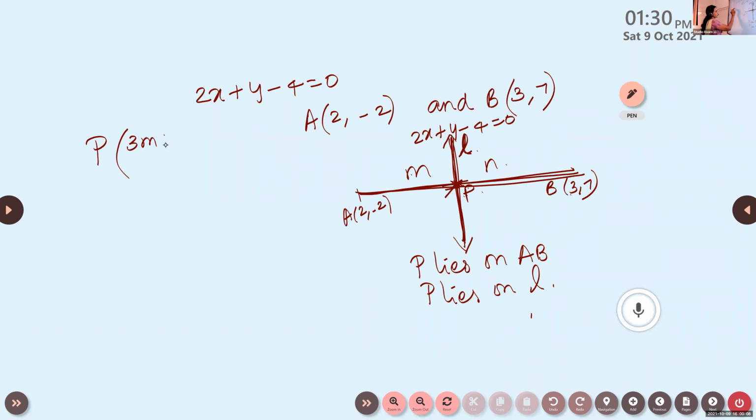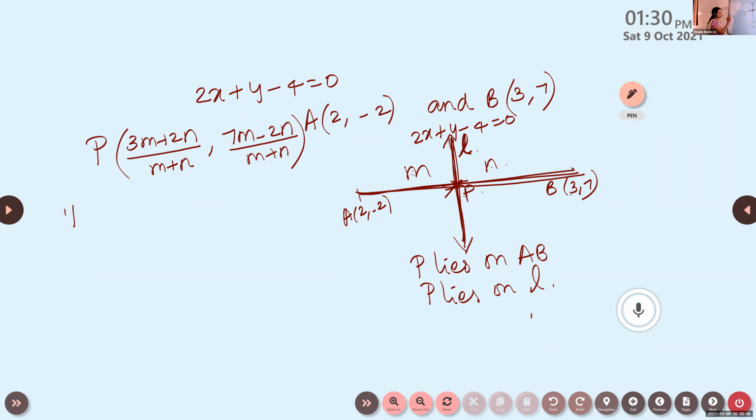The x coordinate is (3m plus 2n) by (m plus n), that is m times 3 plus n times 2 by m plus n. Similarly, for the y coordinate, (7m minus 2n) by (m plus n). So this is the point P.